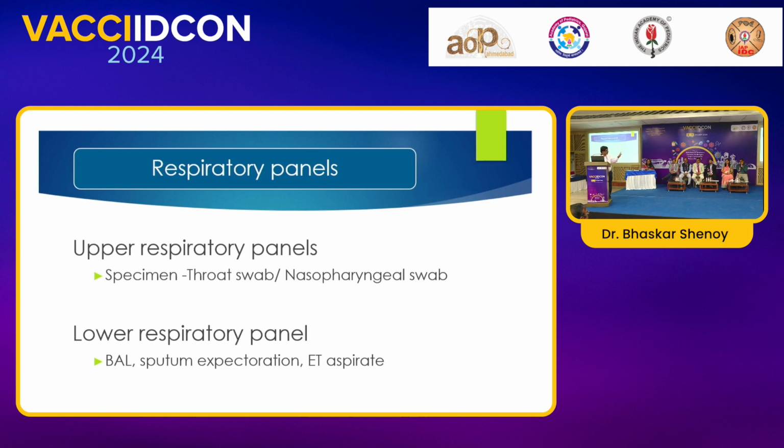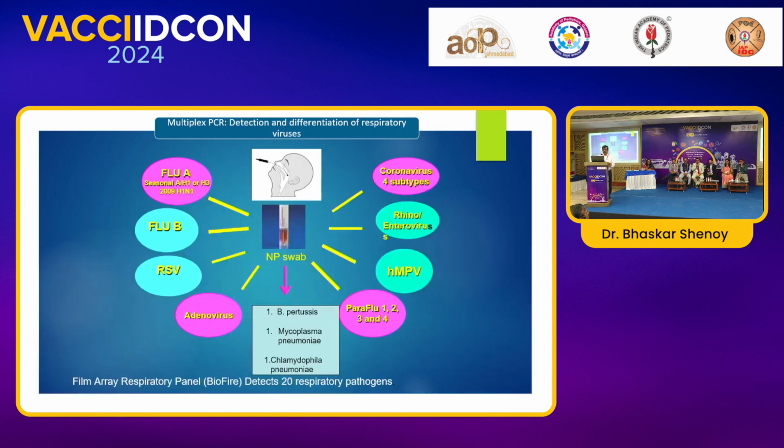So, sir, as you mentioned, upper respiratory and lower respiratory: what are the differences when you choose these, and what are the advantages over the other? Upper respiratory specimens are taken from a throat swab or nasopharyngeal swab. Lower respiratory would be either a bronchoalveolar lavage, sputum or a tracheal aspirate. With multiplex PCR, depending on the panel, you can detect multiple viruses.